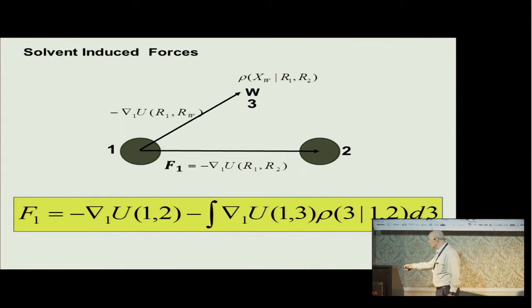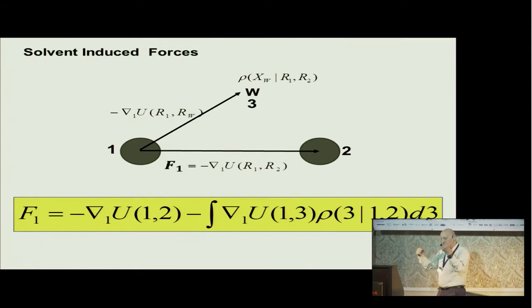And there is a solvent-induced effect, this is the force due to a water molecule or any solvent molecule on 1, times here the local density of solvent molecules, which is denoted by 3 here, given some configuration of the two particles.